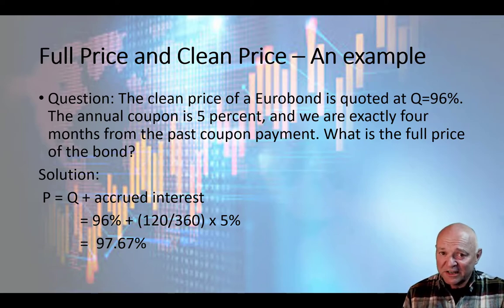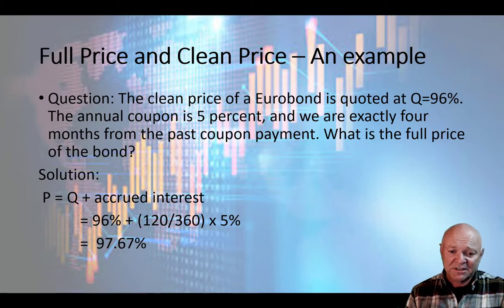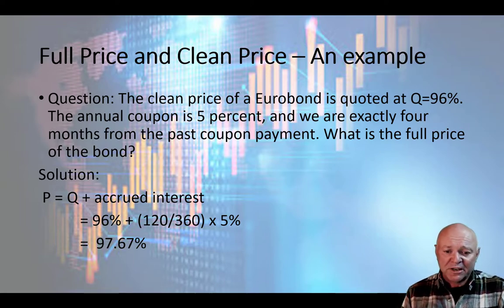We're 120 days into the period, 360 days in the full year, and the coupon rate is 5%. So 120 divided by 360 is 33% of our period. 5% times 33% plus 96 is equal to 97.67. So that becomes the full price.